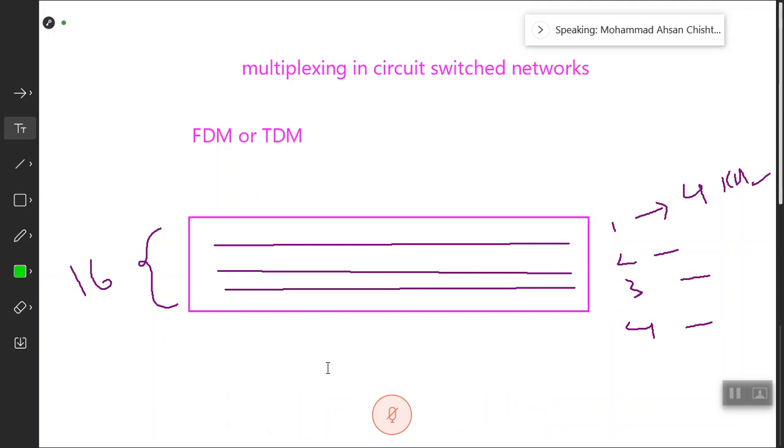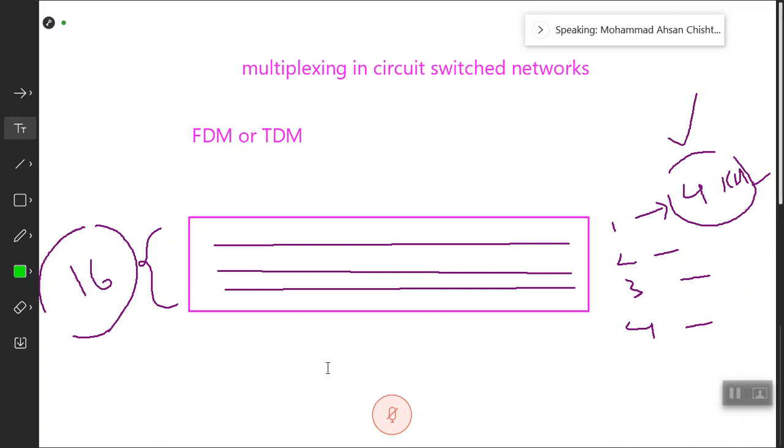The advantage was multiplexing: 4 people use this one link at one time. The disadvantage is that I have a carrying capacity of 16 kilohertz total within this link, but I am getting 4 because of sharing.